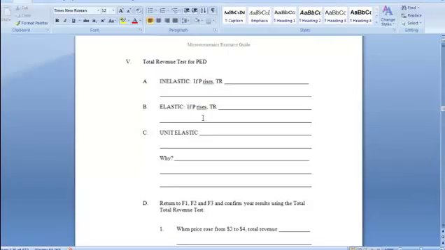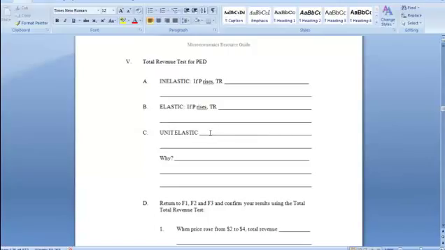Well, elastic is just the opposite. If the price rises and the demand's elastic, total revenue falls. If it's elastic and price falls, total revenue rises. So the last possibility is that the demand could be unit elastic. And unit elastic belongs right in the middle of these two.